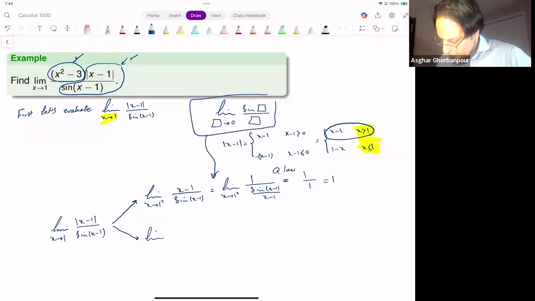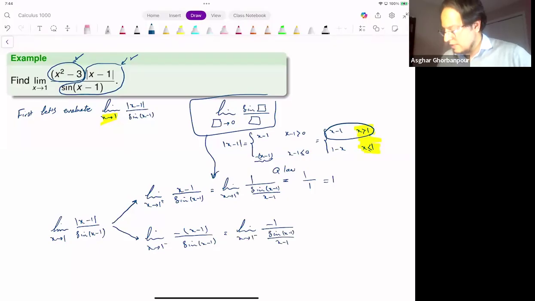As x approaches 1 from the left, remember that negative sign. I'll keep it that way so that you see what happens there. This is the limit of negative sine of x minus 1 over x minus 1 as x goes to 1 from the left. Then the quotient law gives us negative 1 over 1, which is negative 1.